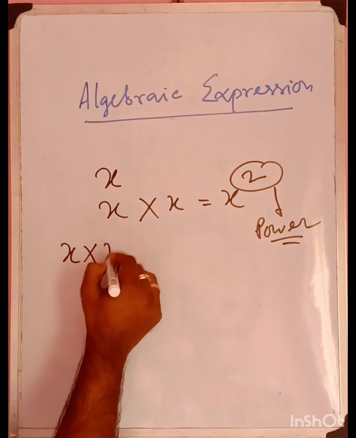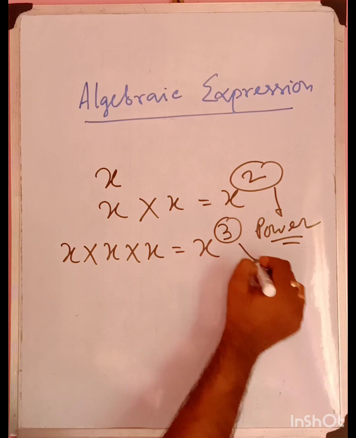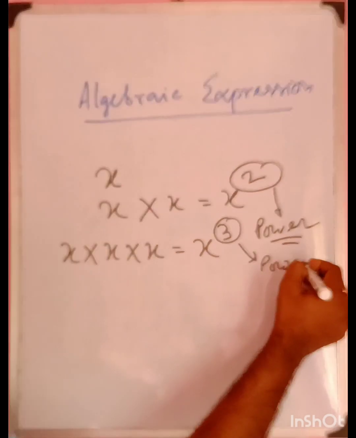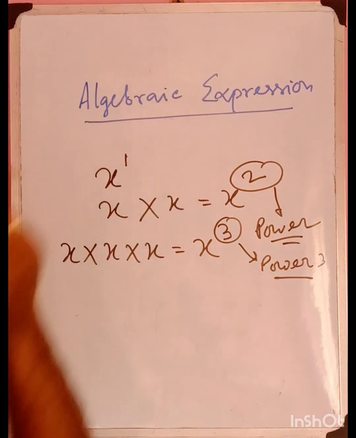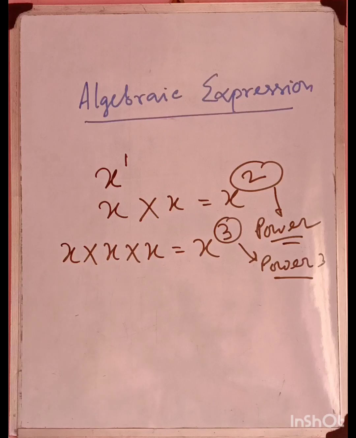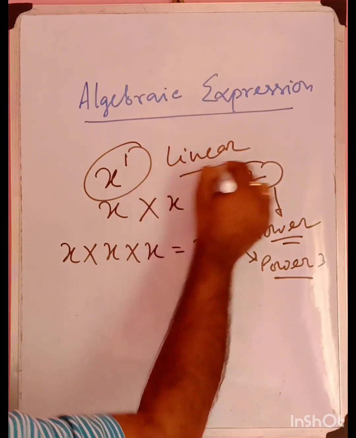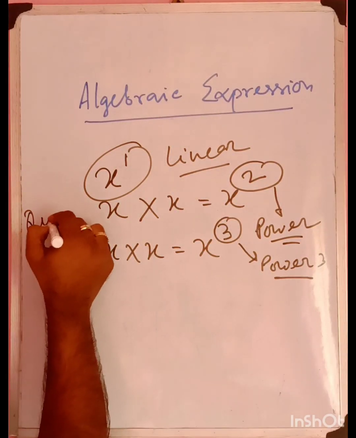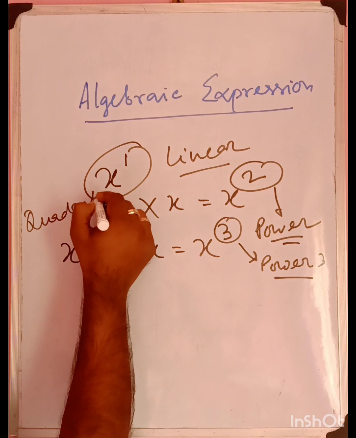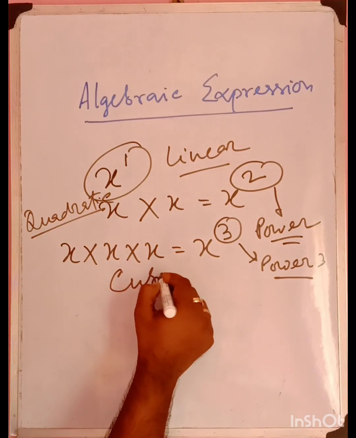X into x into x, x cube. This is power 3. Okay? So here the power is 1. This is called linear. This is called quadratic. X cube, this is called cubic.